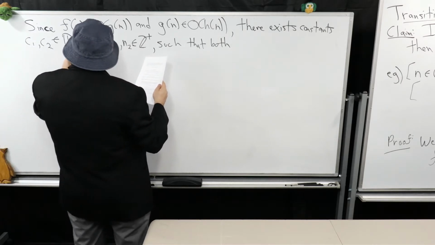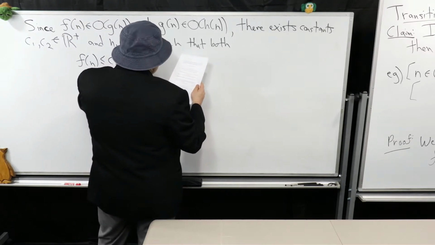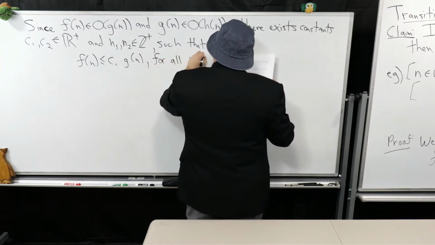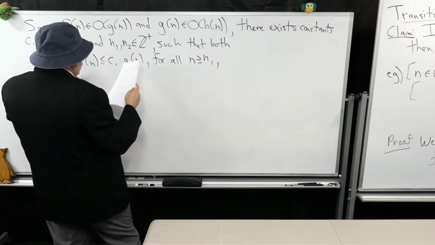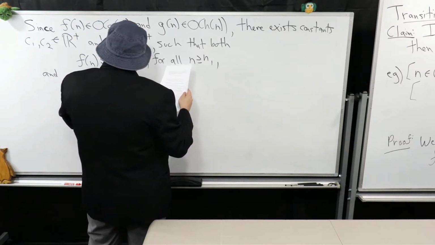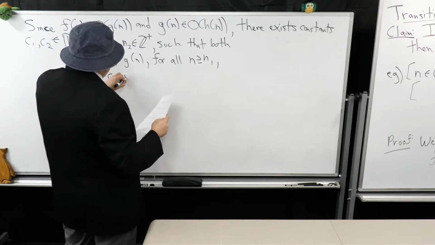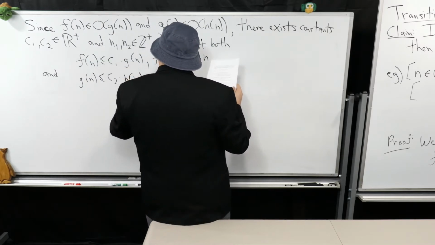Such that both f of n is less or equal to c1 times g of n, and this is, of course, true for all n greater or equal to n1. And g of n is less or equal to c2 times, is it g or is it h? It's h. Don't get too hung up too quickly. Got to make sure you write things down carefully.